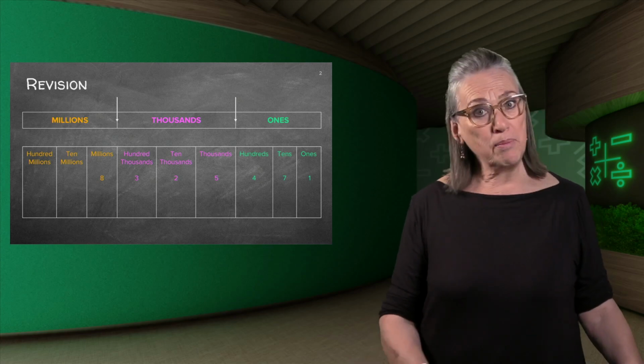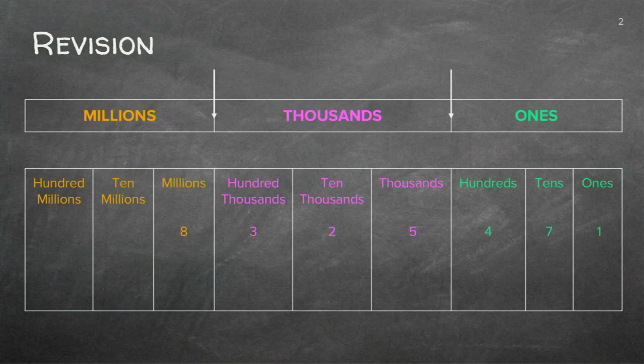Remember, when we have a big number, we start from the right and we count 3, and then we put a comma, and we count another 3 numbers and we put a comma, and so we carry on. So the first comma from the right, that comma's name is thousands, and the second comma's name is millions.